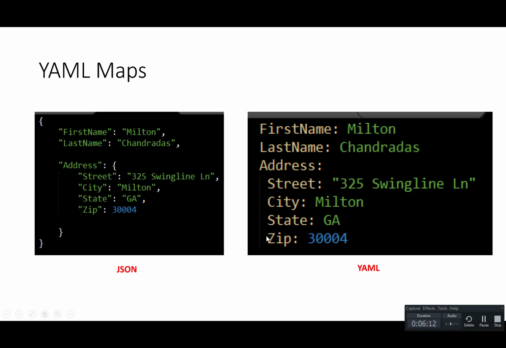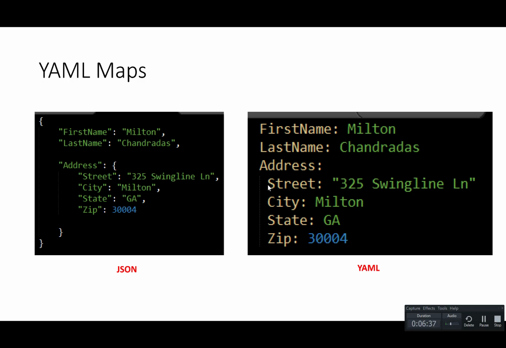So if you're using one space as the indentation, you want to be very consistent with that. And also to note, do not use tabs when you're using a YAML file. So you see how you can take a JSON file and convert it into a YAML file fairly easily.